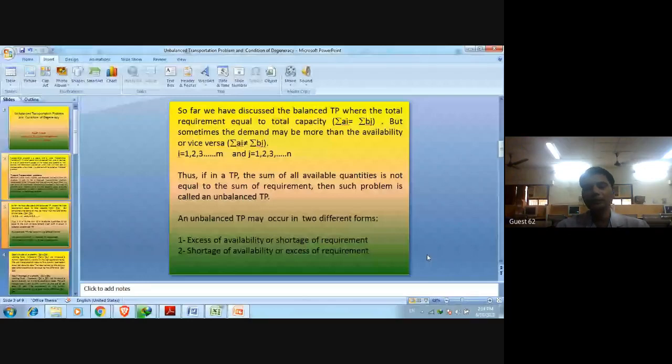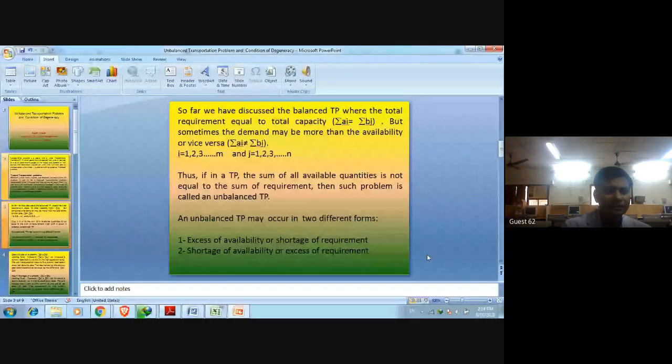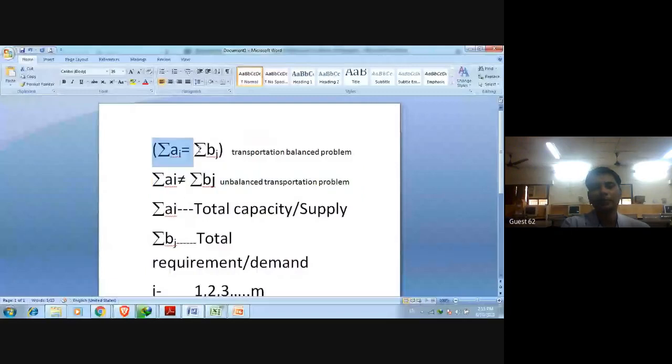Actually, in practice, the first condition, summation of ai equal to summation of bj, occurs rarely, and it is very difficult for your supply to be equal to demand.